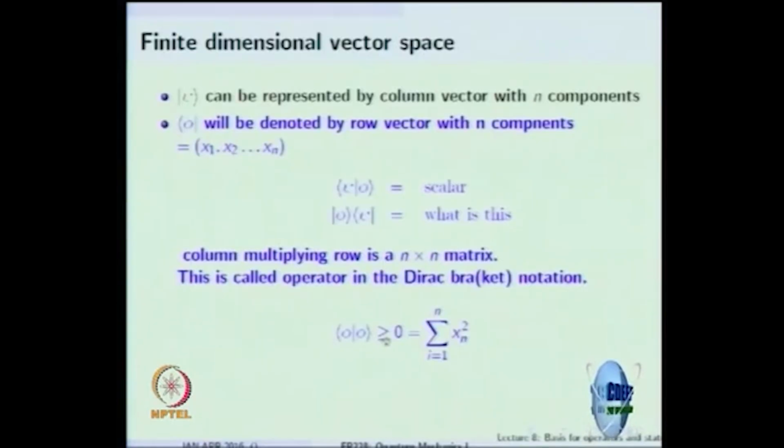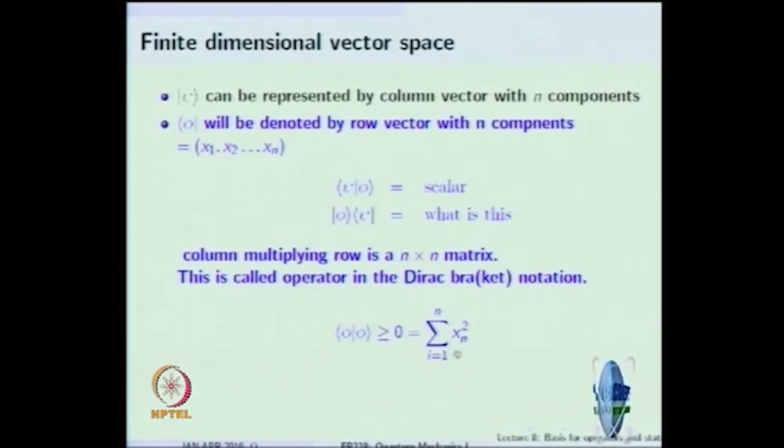Because this is positive definite, each term is a square. I have written xn squared. Technically, this is not correct. When is it correct? When it is a real vector space. If it is a complex vector space, I have to take the conjugate transpose of the column vector, the complex conjugate. So, you have to put x1 star, x2 star up to xn star.